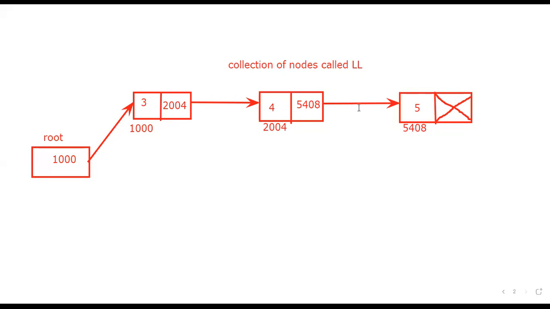Whatever the middle position is, that is the middle. The first possible case is deleting the first node, that means at the starting. After that, deleting the last node and a middle node. These are the 3 possible cases for deleting a node in a linked list. For every possible case, I'll show you here. First of all, theoretically, I'm telling the concept. Let us consider deleting a first node.